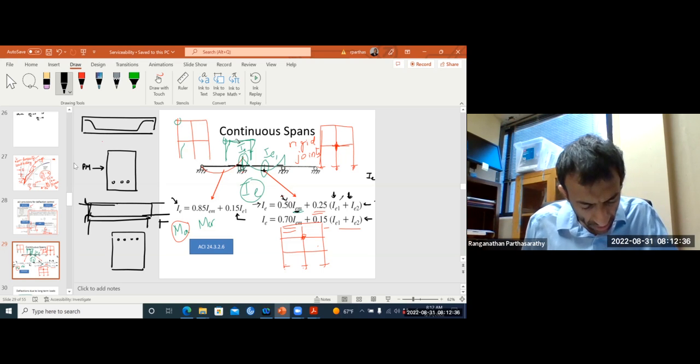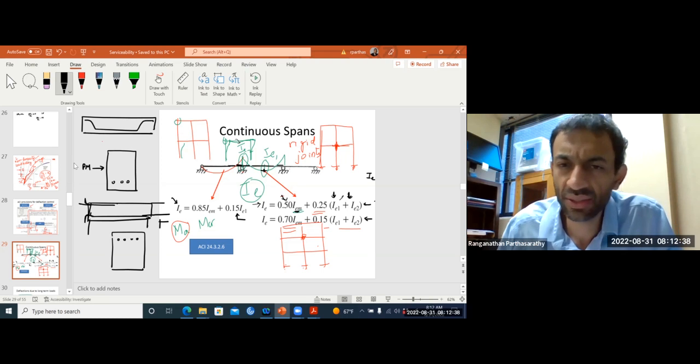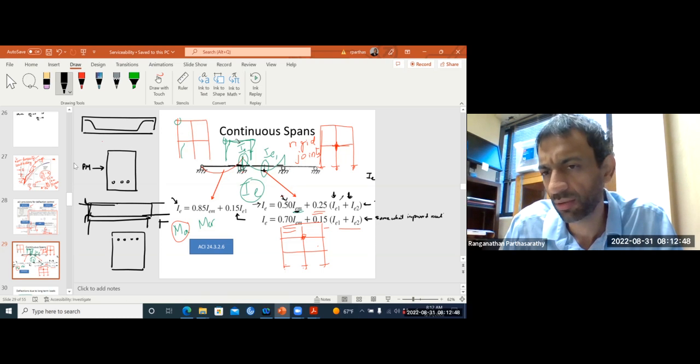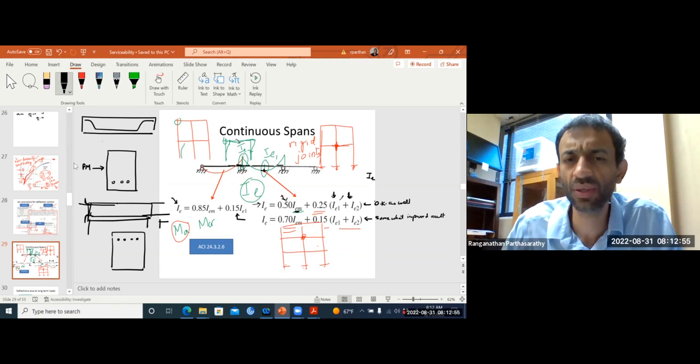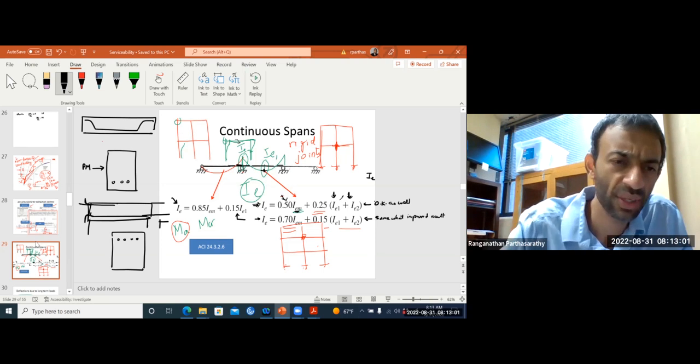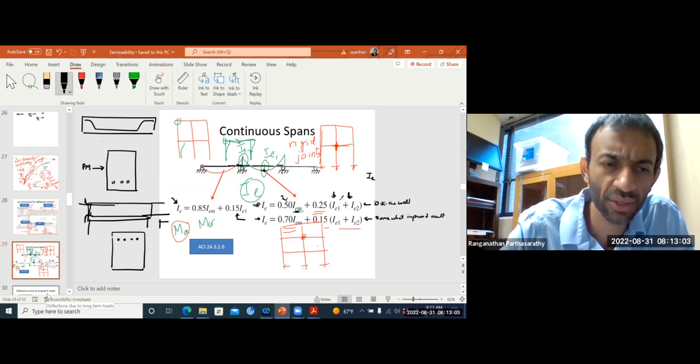Actually either one is fine. This could be a somewhat improved result, but this is okay as well. Both of these are for both ends continuous. You will use either of these two equations. One end continuous, you use this equation. That's how you get it for continuous spans.